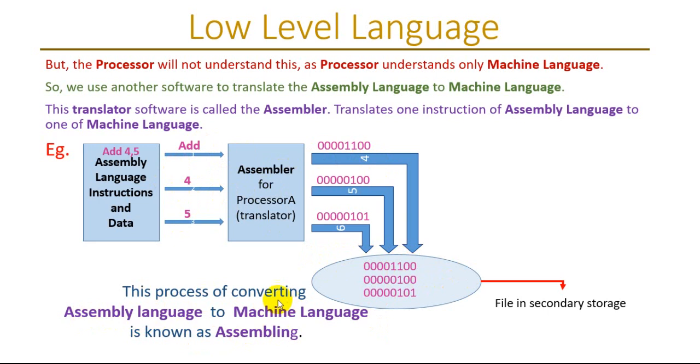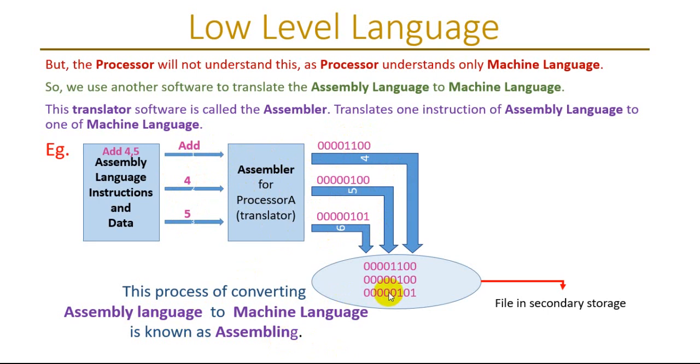This process of converting assembly language to machine language is known as assembling. What the assembler is doing is assembling. It takes the add 4 5 assembly language version and converts it into a machine language version. So that process is called assembly.